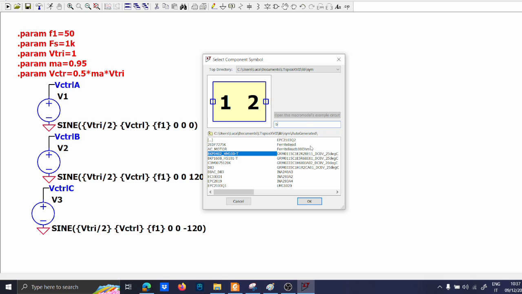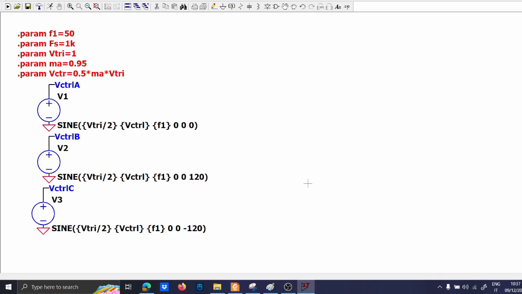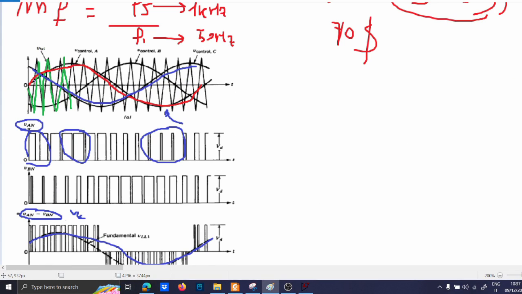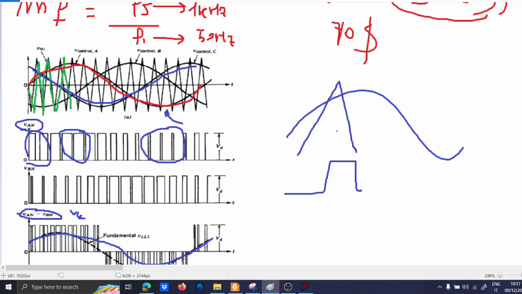Let us put a behavioral voltage, B1, BV, and we will say that when the sine is greater than the triangular waveform, trigger to 1, like this. So the condition becomes when V control is greater than V3, 1, 0.